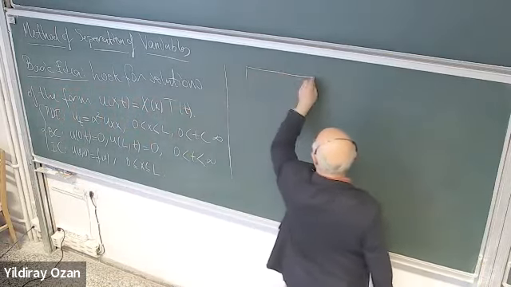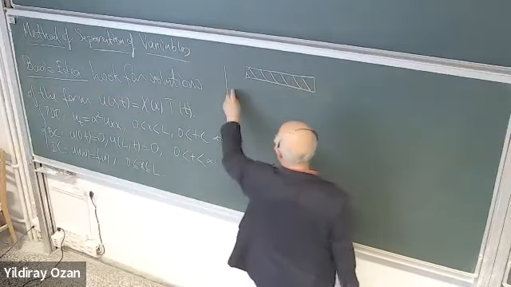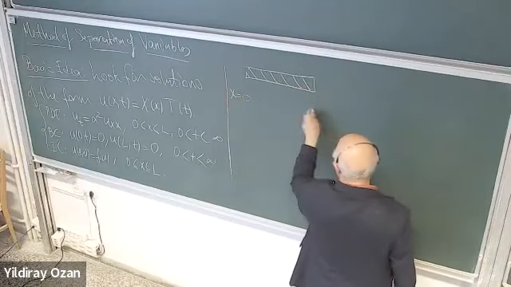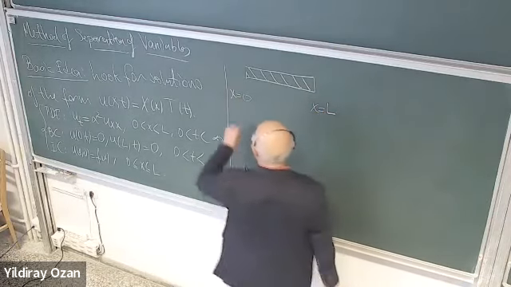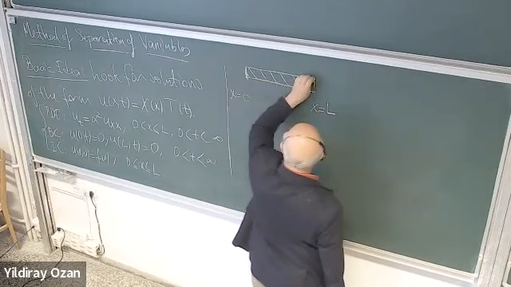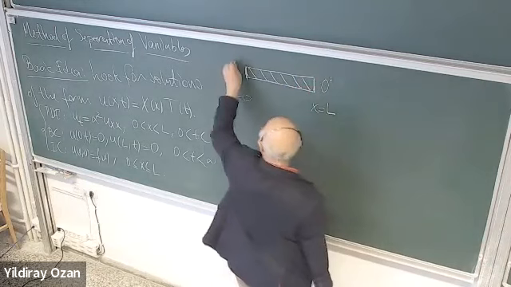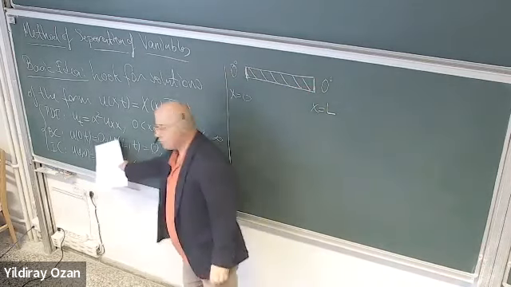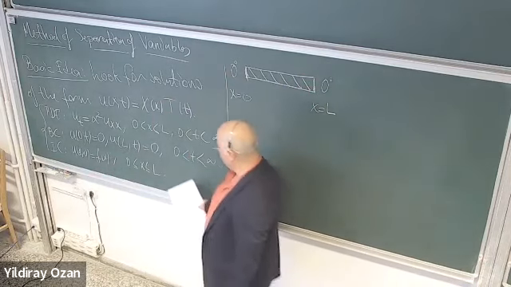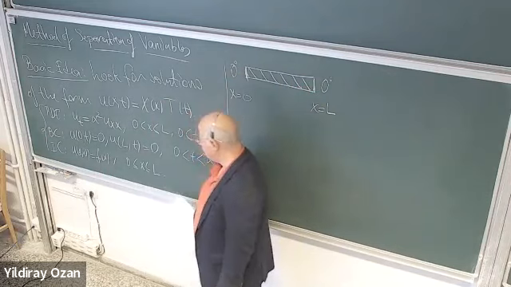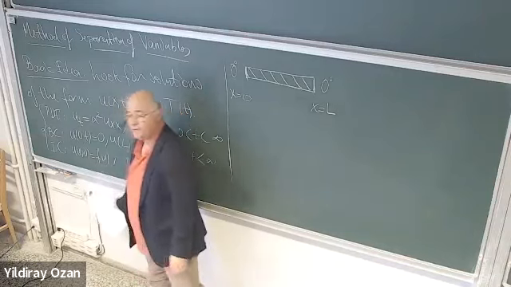So here is the problem. We have, let's say, an object of length L. We keep the temperature at the endpoints at 0 Celsius degrees at all times. And initially, the temperature distribution is given like this. So from 0 to L, it is given by some function.